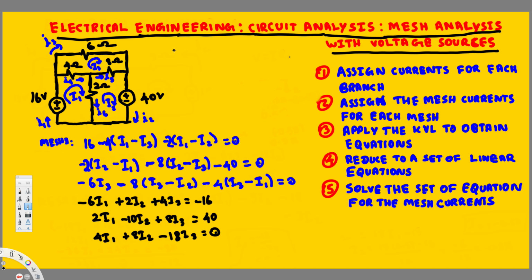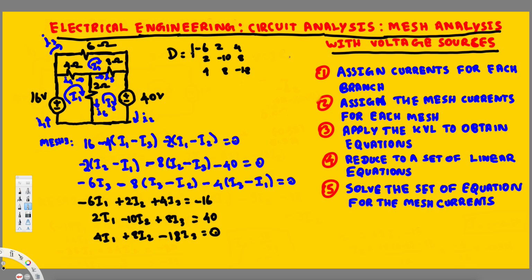To find the original determinant, let's put this one in matrix form. First, we take this matrix form, minus 6, 2, 4, and then 2, minus 10, 8, and then 4, 8, minus 18.